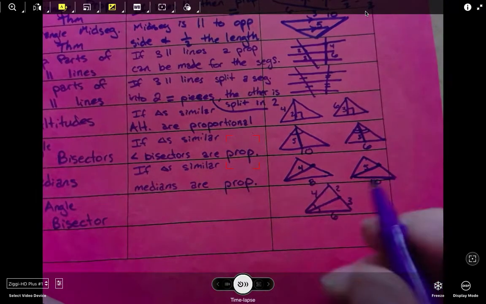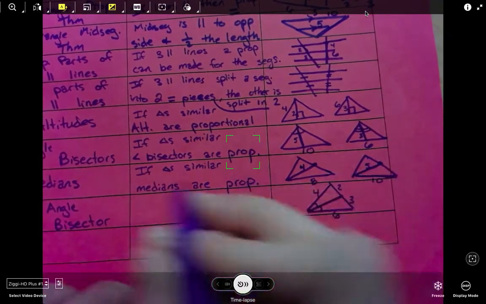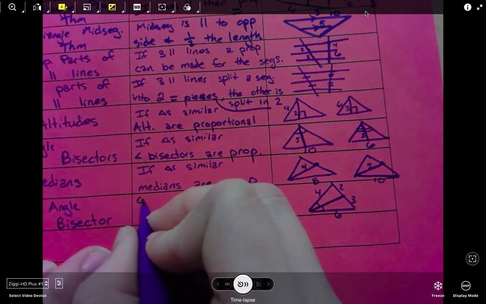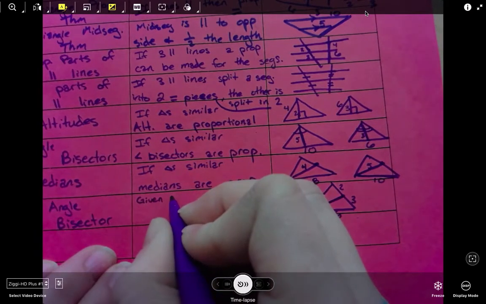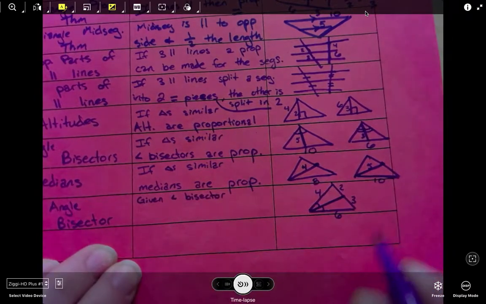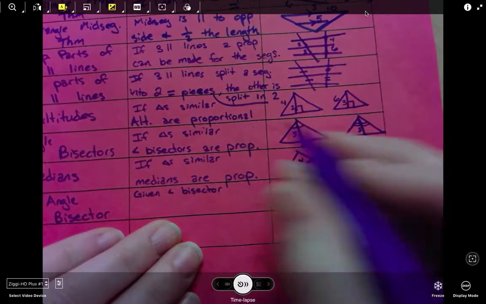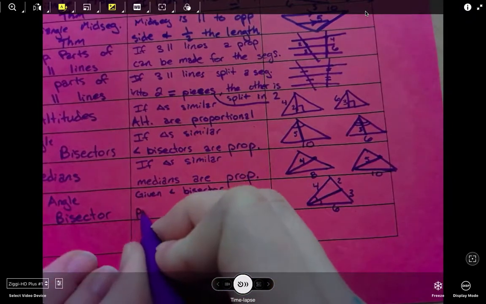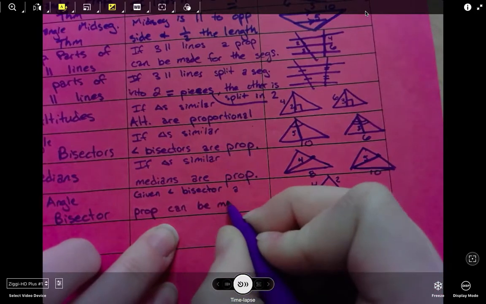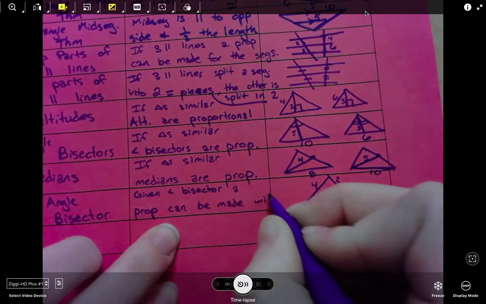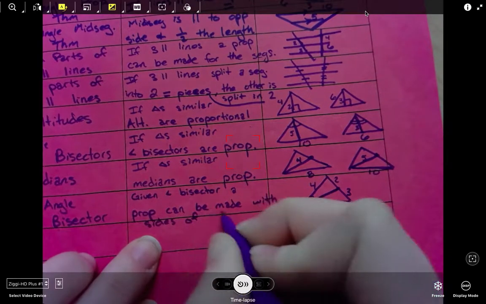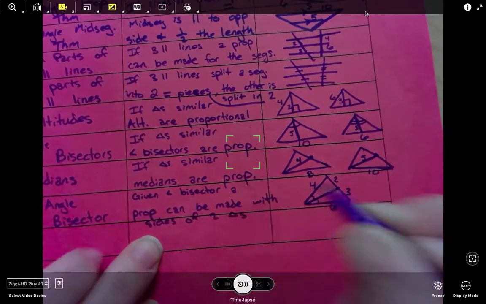Okay, so I'm just going to say, given angle bisector, a proportion can be made with sides of 2 triangles that are created.